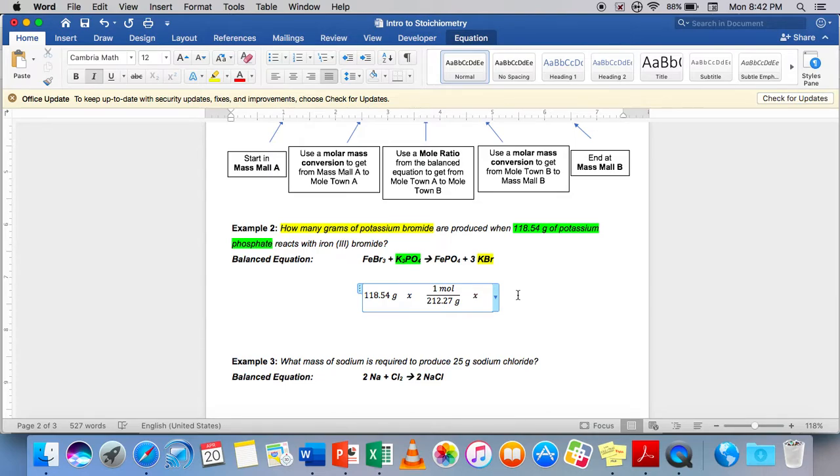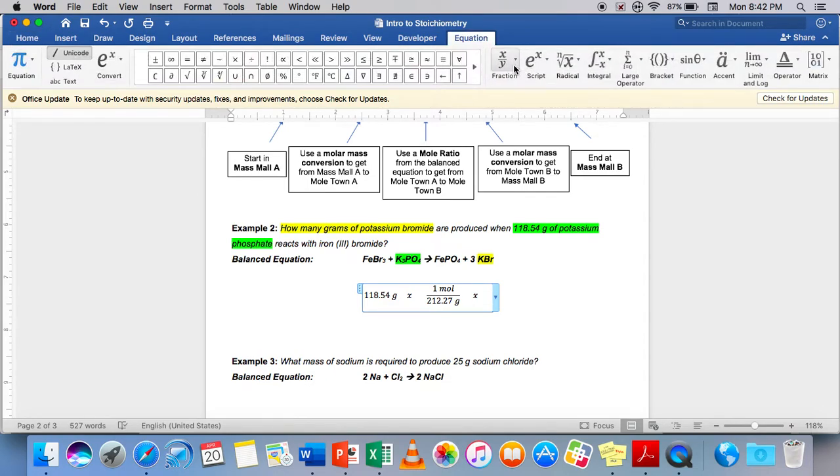So moles of B, that is my yellow. That is where I'm going. That is my unknown. So I'm going to insert another fraction symbol. Where I'm going is yellow, and what do I have in front of the KBr, the potassium bromide? I have a 3. So I need to put 3 moles on top. And then on the bottom is my A, that's my green.